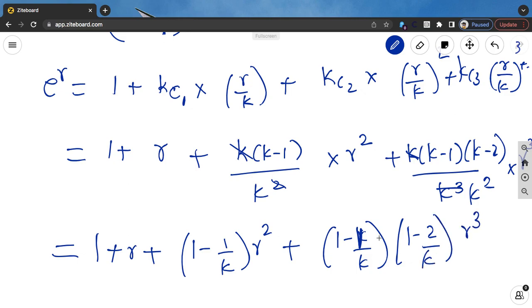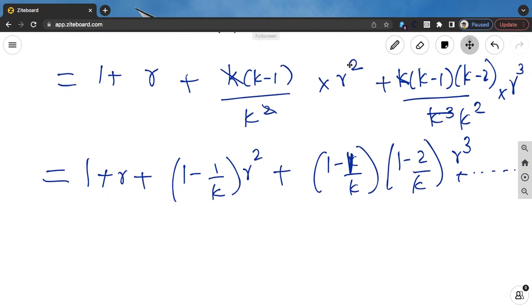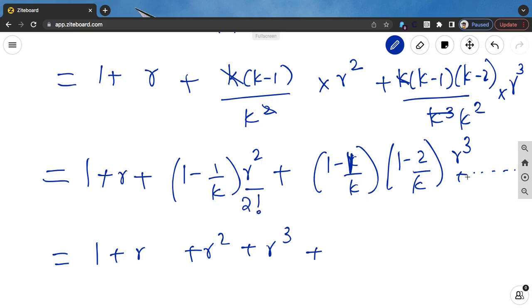Look at the way I'm simplifying this expansion. And what am I left with? I'm left with 1 plus r. When k is very, very large, 1 by k, 2 by k, everything will become 0. So I'll get 1 plus r plus r square upon 2 factorial, also, sorry, one more thing I forgot, plus r cube upon 3 factorial, and so on. So this is what is e raised to r.